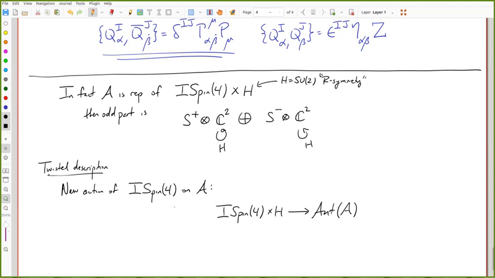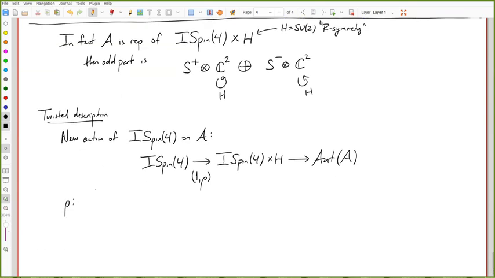There's another thing you could do, which is embed it into ISpin4 cross H with the identity map on the first factor, and then some non-trivial hom from ISpin4 to H in the second factor.